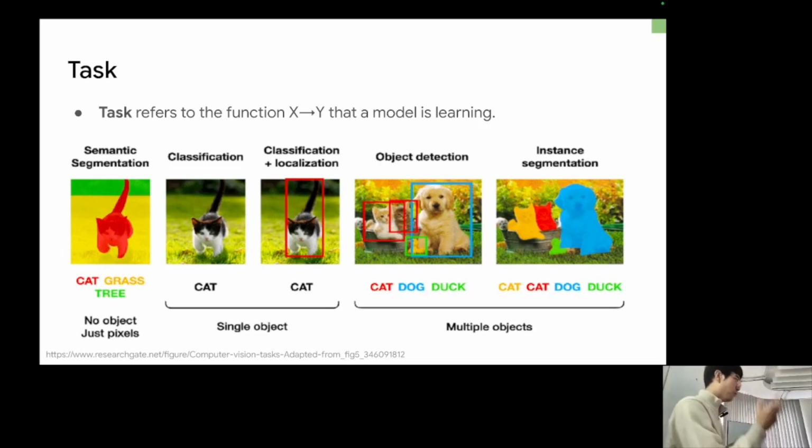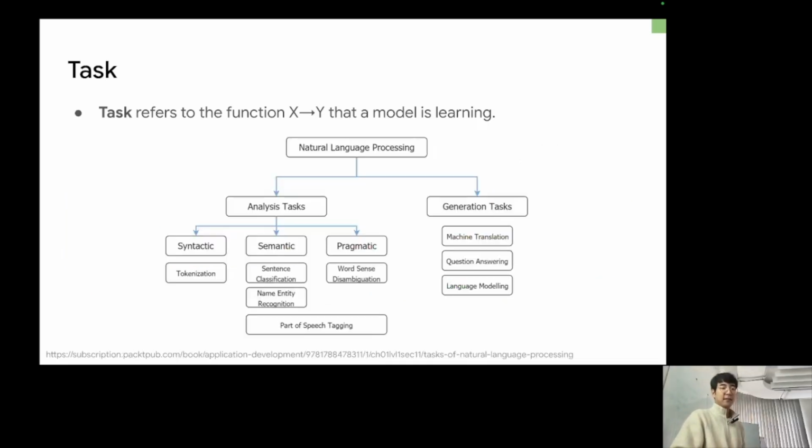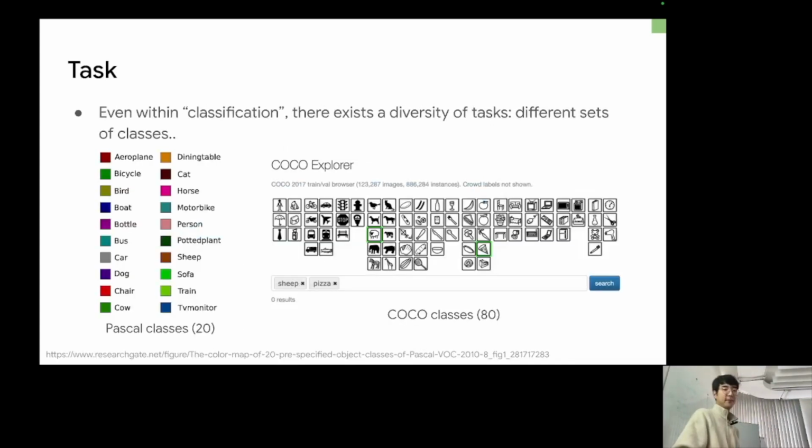Instance segmentation is the same problem, but you need to give precise pixel-wise delineation. In the NLP domain you also have different tasks; given a text snippet, you need to predict the sentiment, for example. Even within the same task of classification, depending on the set of labels you have to predict, you may have different tasks. For example, Pascal has 20 classes and COCO has a superset, 80 classes, and we say they have different tasks. So that's what a task is.